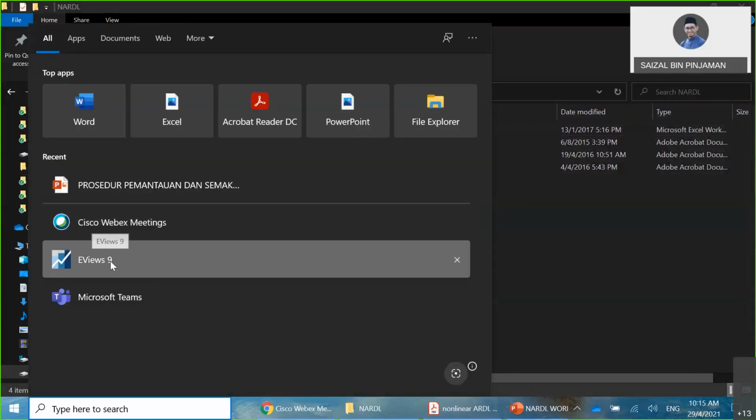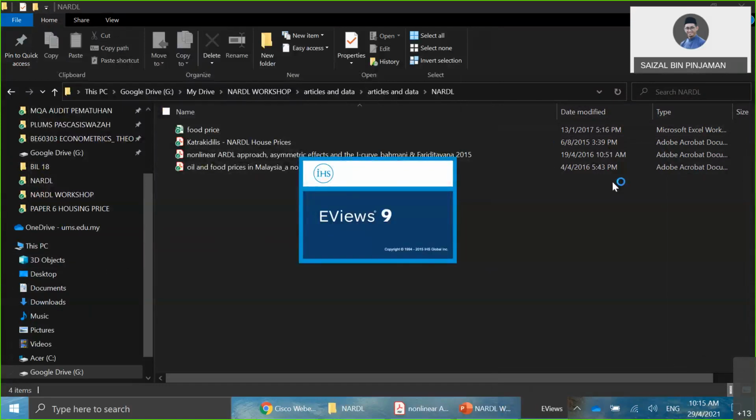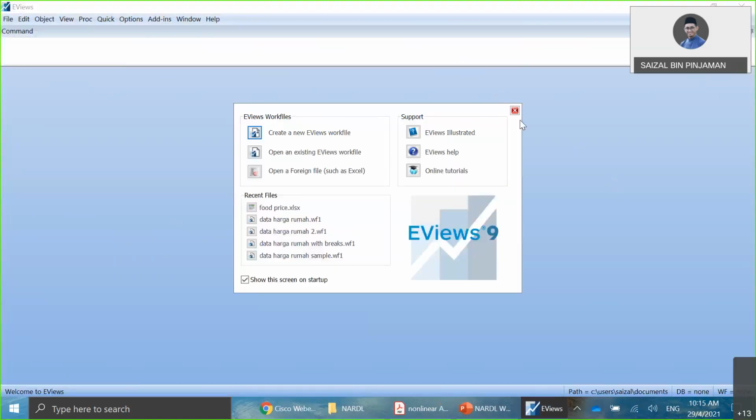So let us open EViews 9. I hope that you are familiar with EViews. But if you don't have sufficient knowledge about EViews, I can explain how we can import the data. In EViews, we can import data in various ways.